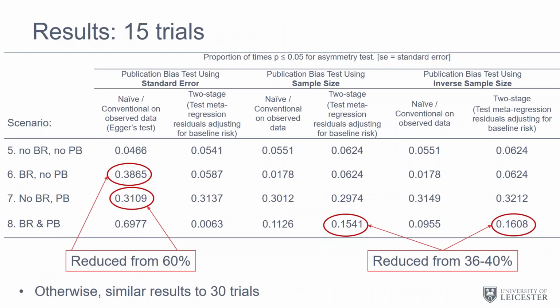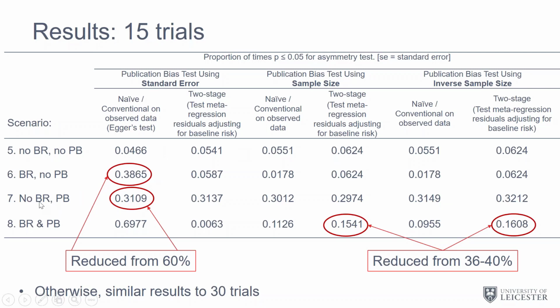So this table now is the results from where we had 15 trials for each meta-analysis. The first thing to say is that the results generally were very similar to when we had 30 trials for each meta-analysis. So in scenario 5, where we've got no baseline risk and no publication bias, all 6 methods are performing pretty much comparably to each other and identifying asymmetry that 5% of the time that we expect by chance.